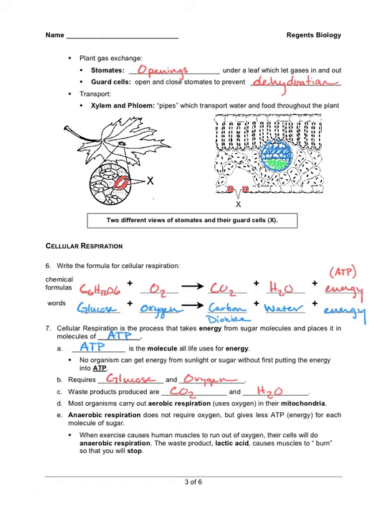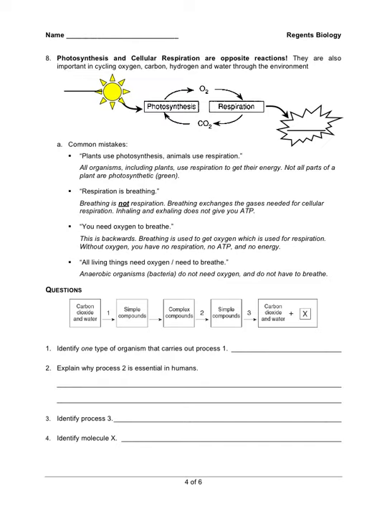When we are exercising and our muscles run out of oxygen, then we will do anaerobic respiration, but that waste product, lactic acid, builds up in our muscles and causes them to burn. When you look at cellular respiration and photosynthesis together, you'll notice that they're opposite reactions. Photosynthesis captures energy and respiration releases energy.